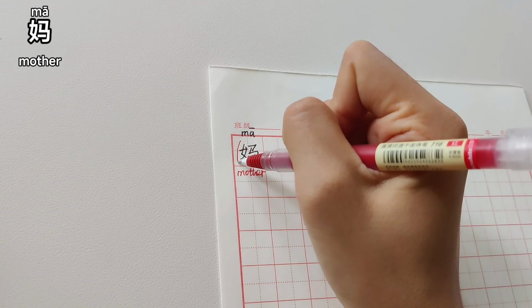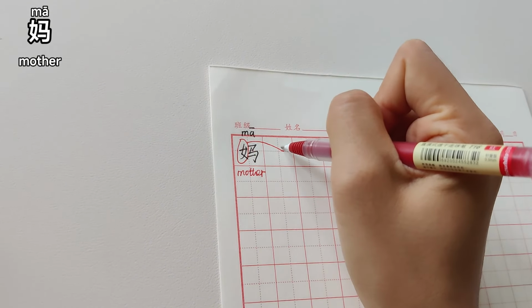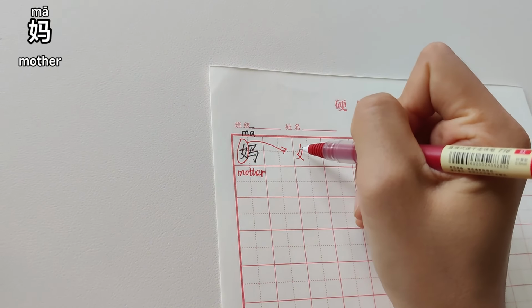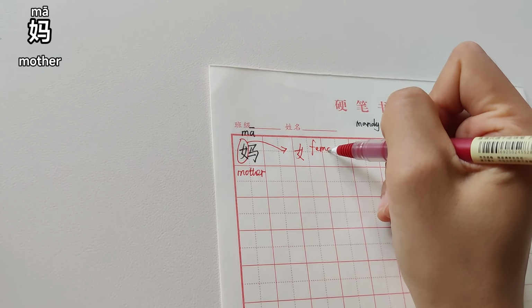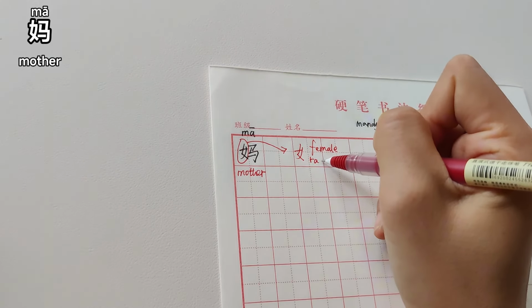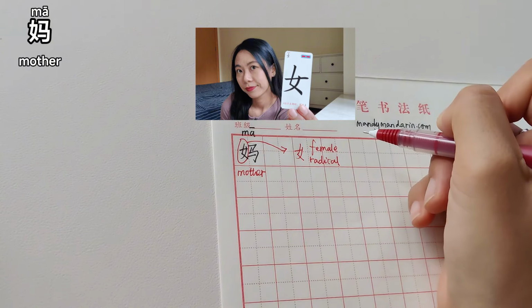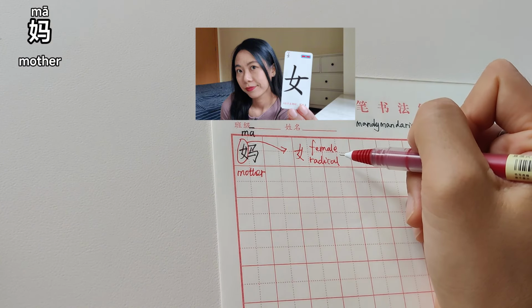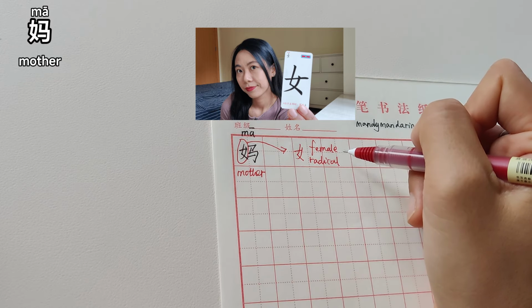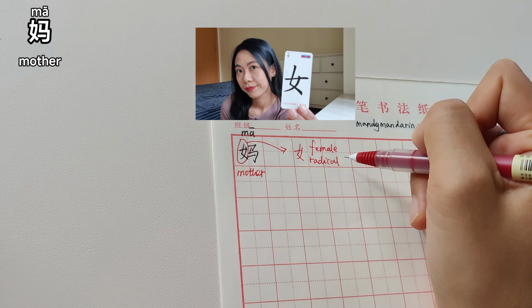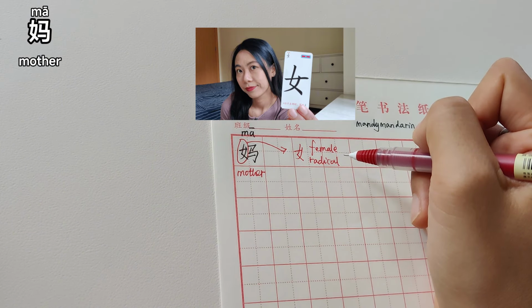So let's take a look at this left side. This is the female radical. As we already mentioned in the female radical video, the female radical is quite important in the Hanzi system, so feel free to check out my female radical video later, maybe after this video.